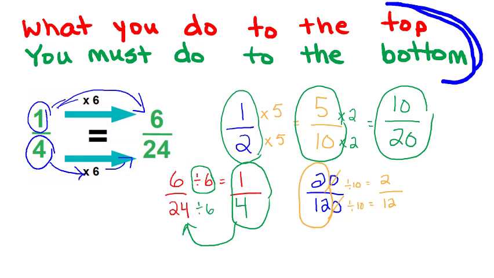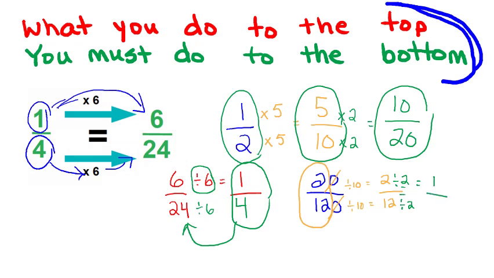So in order to get my fraction into lowest terms, 2 over 12, I can still divide by something because they have a common factor. What can I divide by? Well, I can divide by 2 on the top and on the bottom. 2 divided by 2, how many 2's fit in a 2? Well, 1 does.